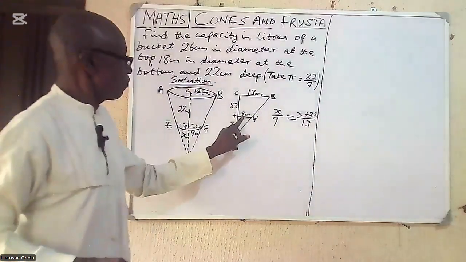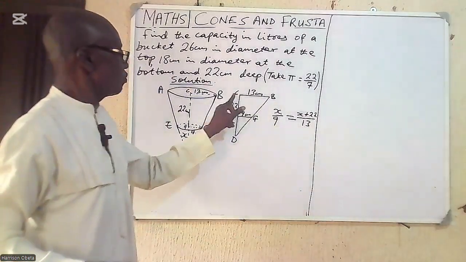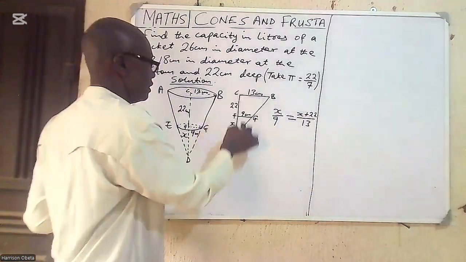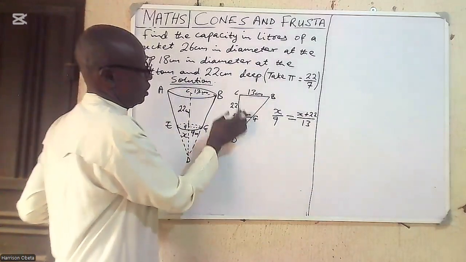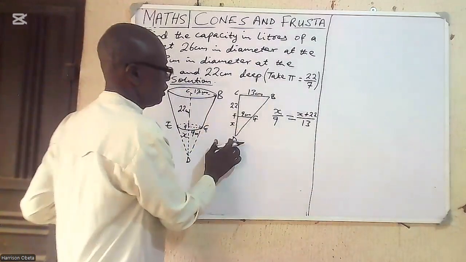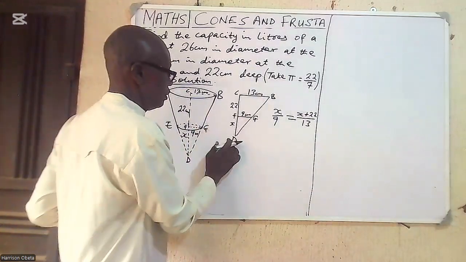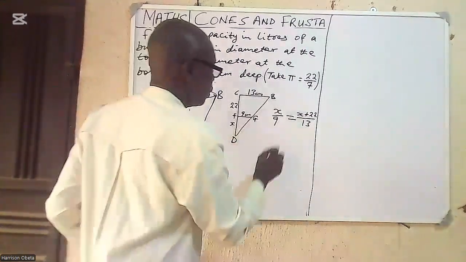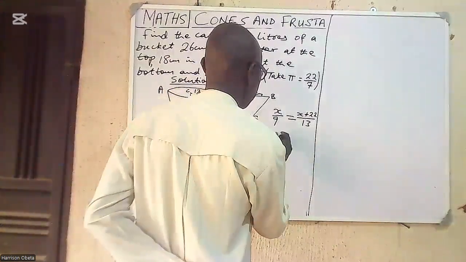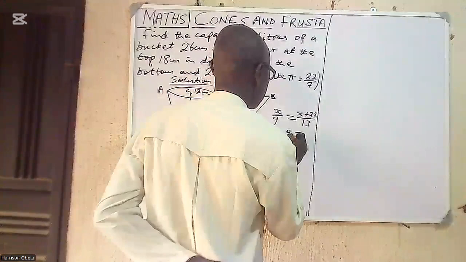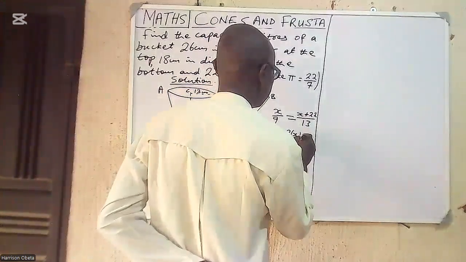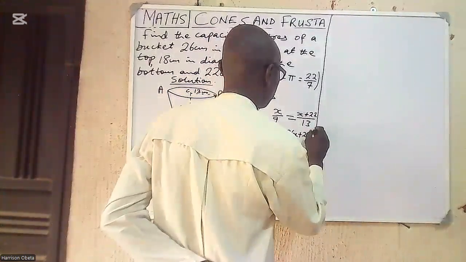That is this over this equal to this plus this over this, because this is the bigger side. We have two triangles here, triangle CBD and FGB.